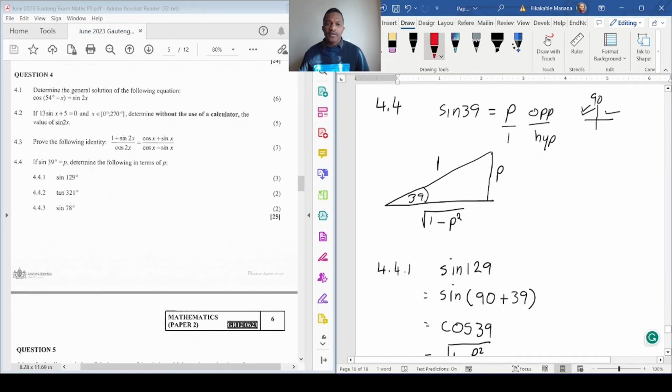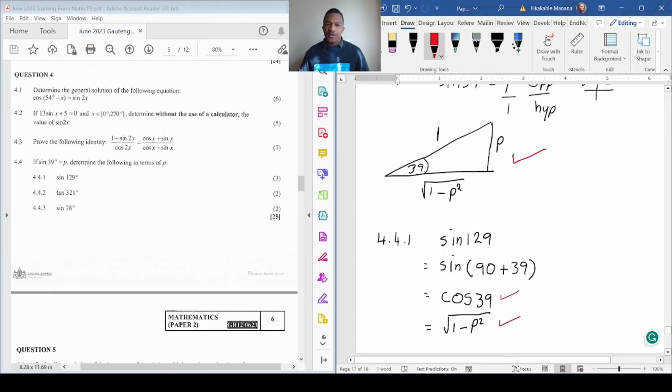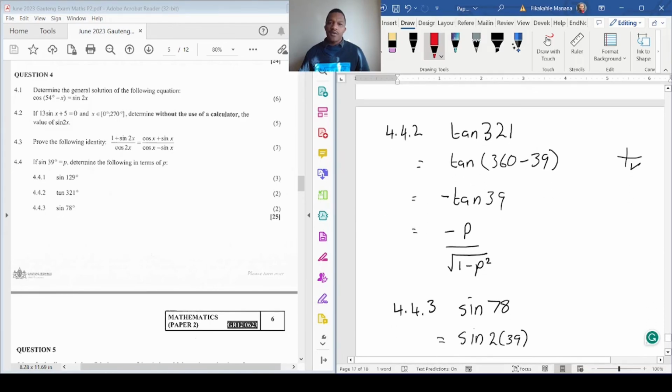The next one, 4.4.1 is 3 marks. So the first mark is always a diagram. It's always a mark for diagrams. And then the second mark is changing the sign, recognizing that it's cos 39. The third one is the answer. 4.4.2 is 2 marks.